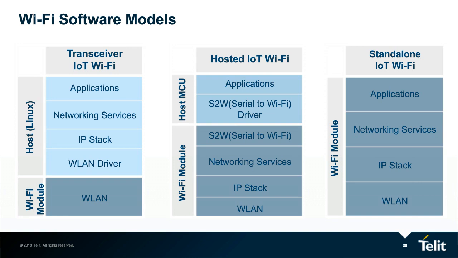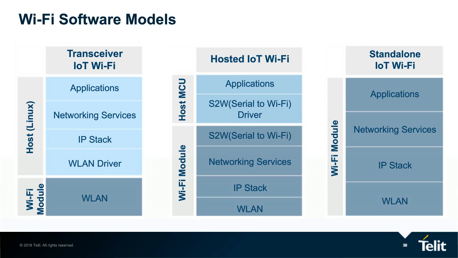Now, the second one is a hosted IoT Wi-Fi. I call it that because there is a host MCU, which could be even an 8-bit MCU, but the interface to the Wi-Fi module is over standard interfaces like SDIO, SPI or UART.